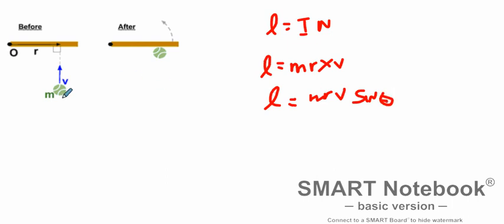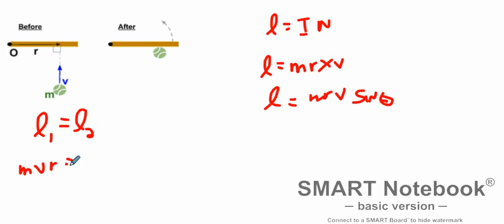So if I have a ball coming in here and it's going to collide, and let's say it attaches to this rod and they both rotate afterwards, this is a point mass coming in, but we have to remember that L1 does equal L2. Angular momentum initial equals angular momentum final. For this one, we're going to have to use L equals mv times the radius r. Now remember, sine of 90 is going to be 1 there.